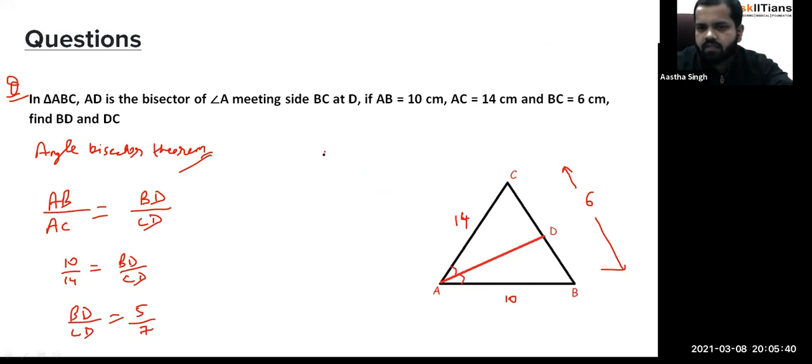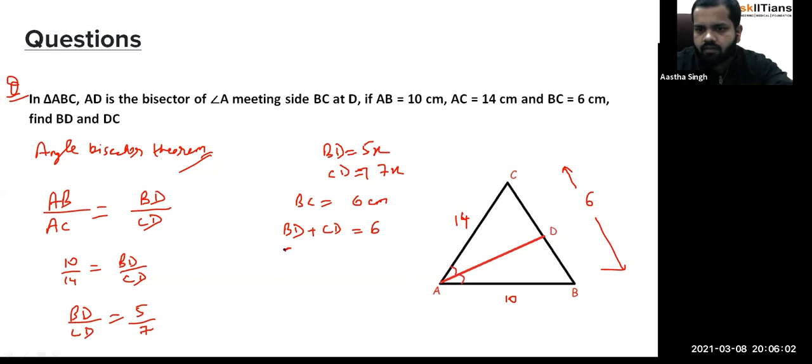If BD is 5x, you can easily calculate that CD is 7x. BC is given as 6 centimeters, and BC is BD plus CD, which is equal to 6.